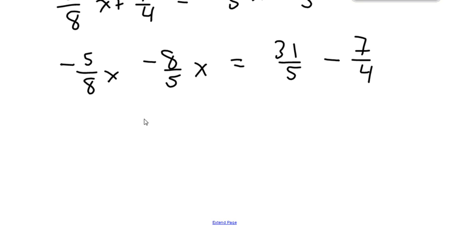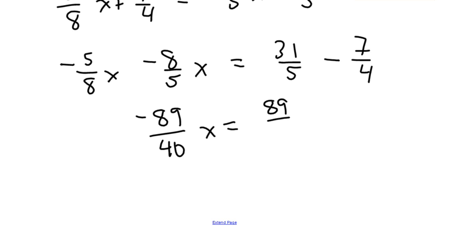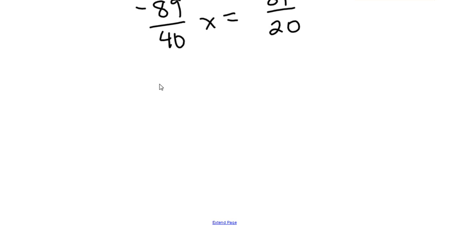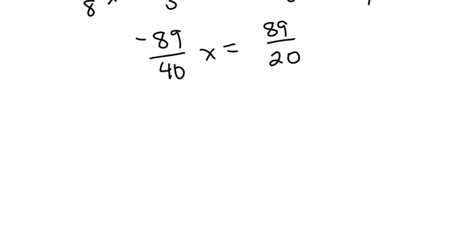So using excellent skills with fractions or with your calculator, you should get that negative 89 over 40x equals 89 over 20. That's interesting. So solving for x, what do you want to do? I'm going to multiply this by 2 over 2 so that I have a common denominator, and then I can eliminate that denominator.